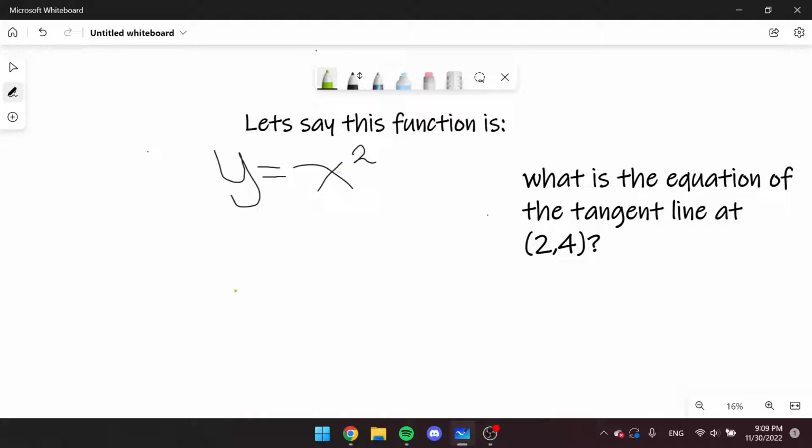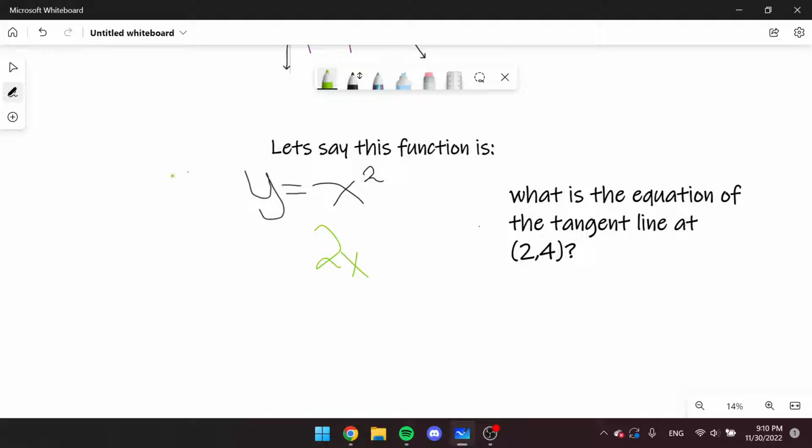Now, the few things you're going to remember is the point slope form, or technically you could use y equals mx plus b, but point slope form. And you're going to remember that m, your slope, is just going to be the derivative evaluated at the given point. So in this case, let's differentiate with respect to x, and we'll get 2x.